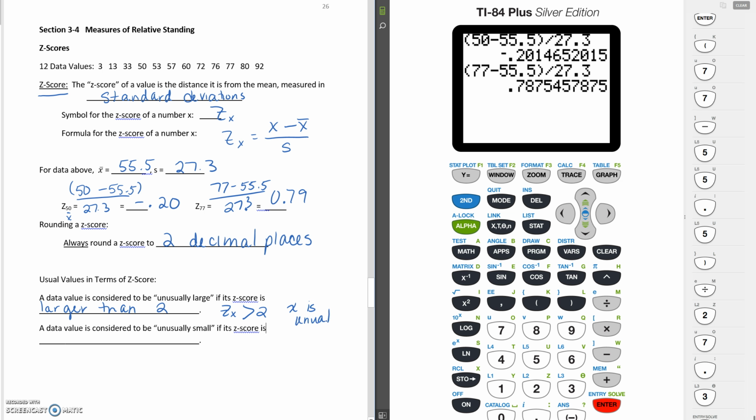And it's unusually small if the z-score is less than negative 2. So if z of x is less than negative 2, x is unusual. I did not spell unusual right. Okay.